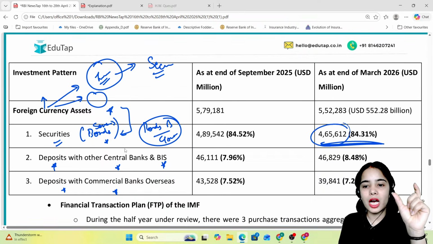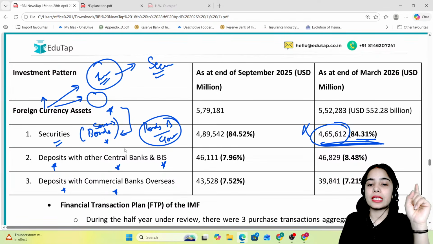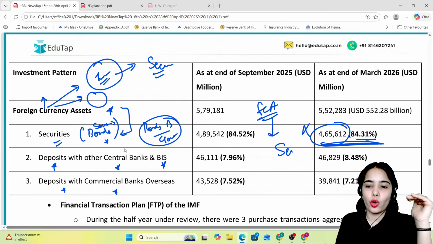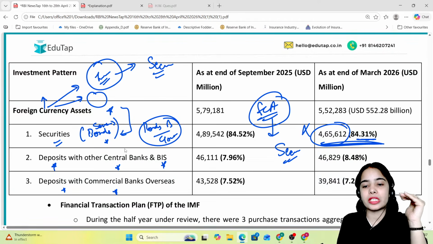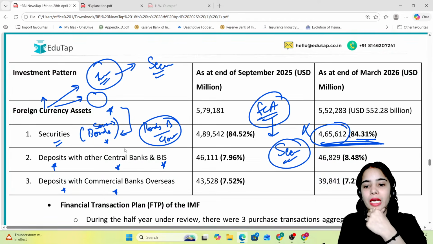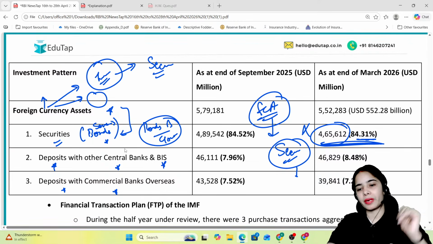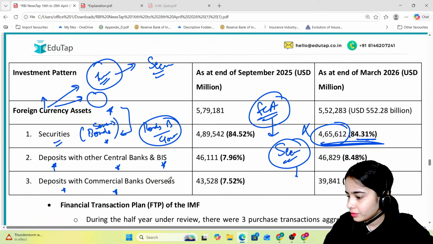Here the numbers are not important, but the percentages are important, especially for the foreign currency asset. The foreign currency asset is invested majorly in the securities. 84.31% of the FCA is invested in the securities. Okay, and securities majorly the sovereign bonds or the bonds backed by the government. Any confusion?